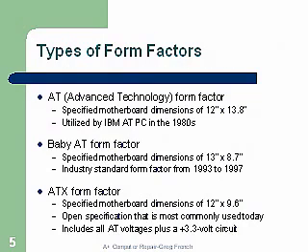Now, types of form factors. The AT, which stood for Advanced Technology form factor, specified a motherboard design of 12 by 13.8 inches. Pretty good size motherboard. Utilized by the IBM AT PC in the 1980s. The baby AT form factor came out at 13 by 8.7, considerably smaller.